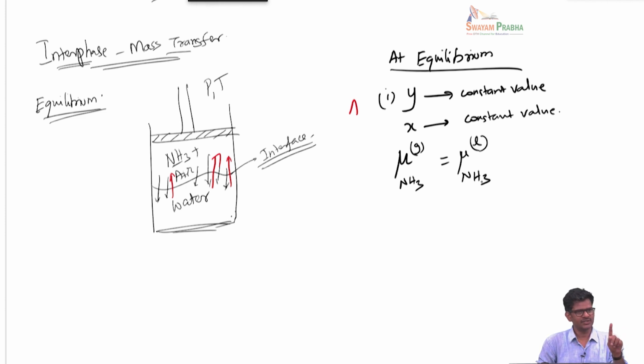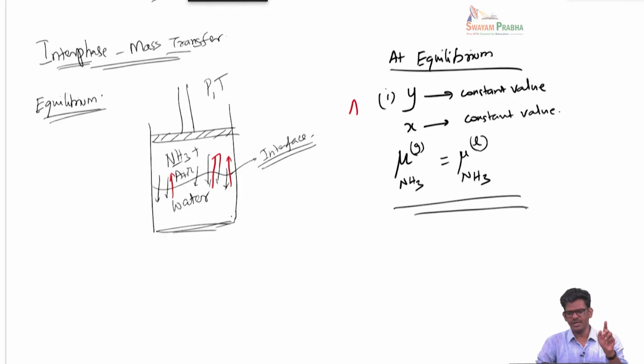The only thing that was not equal in the beginning was the composition, or the concentration, or the chemical potential. So once you have made direct contact between the two immiscible phases, thermodynamics will determine the transport of the solutes until it reaches an equilibrium value. When I say equilibrium, it is a condition where the chemical potential of ammonia is equal in both the gas phase as well as the liquid phase.